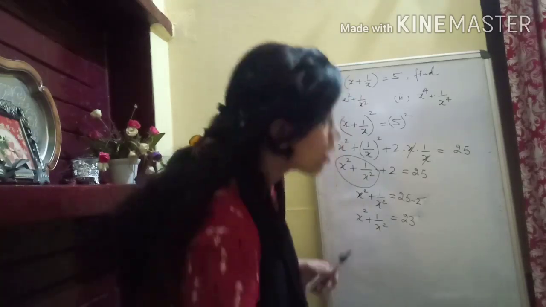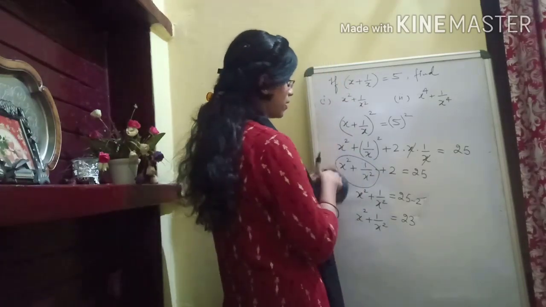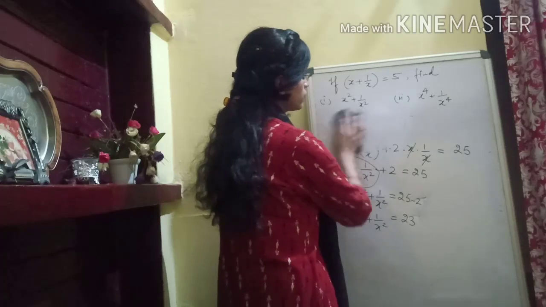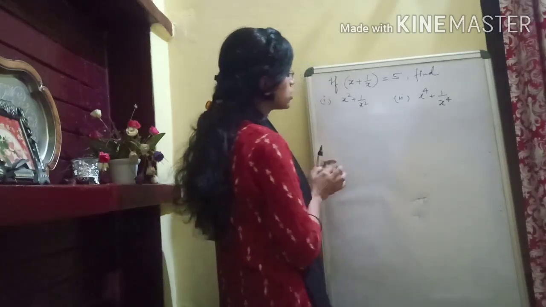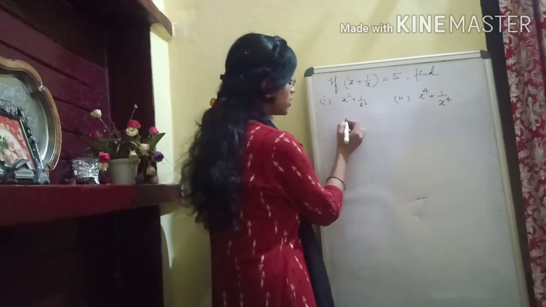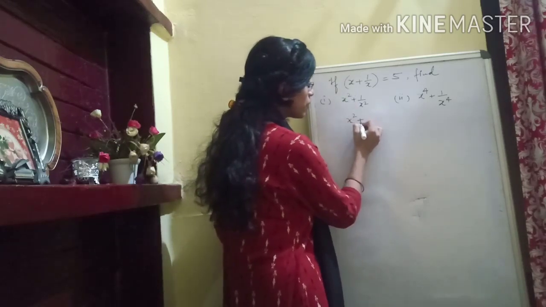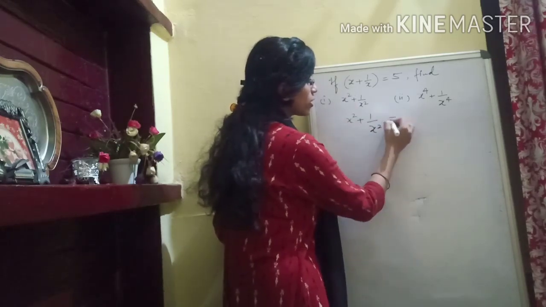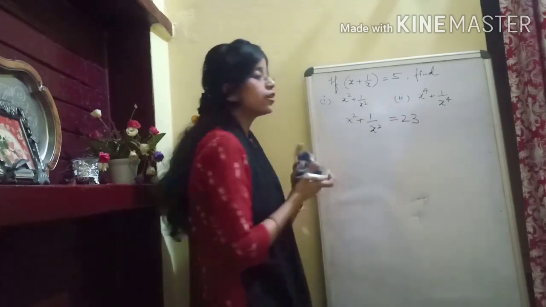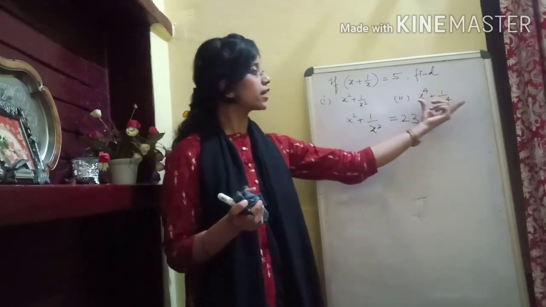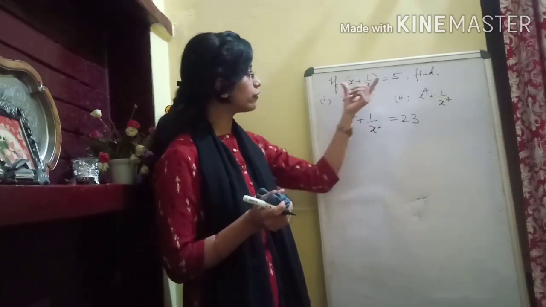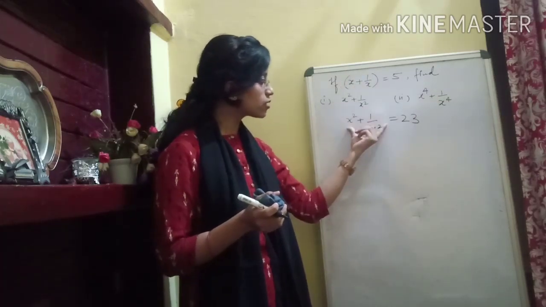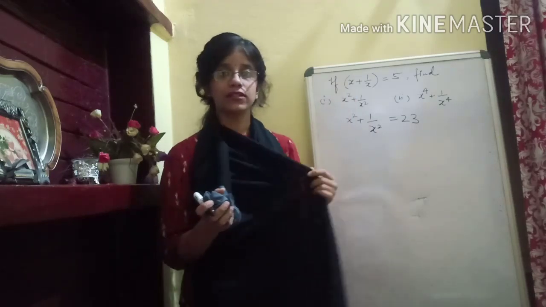Now we will see how to calculate the second part. Now if you see, the first part we are calculating and the answer of the first part is coming 23. Now you all tell me, in the second part we want power 4. So which term, now we know this term, which one to square this time?